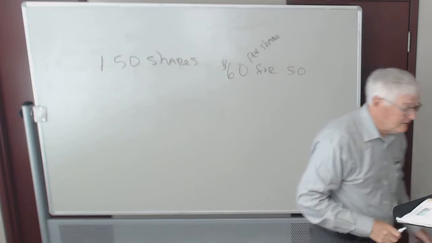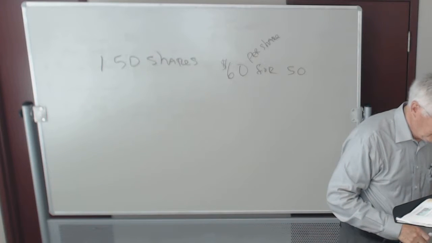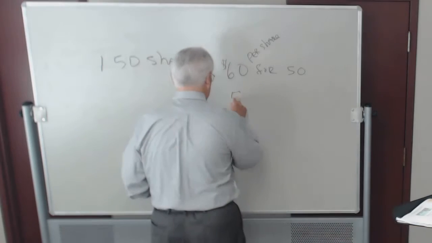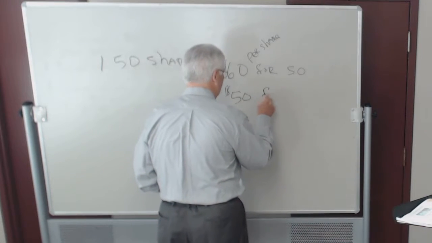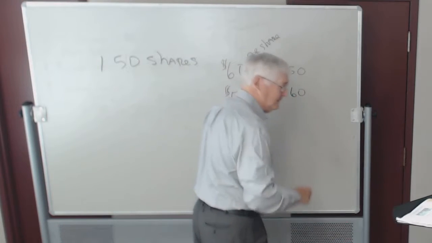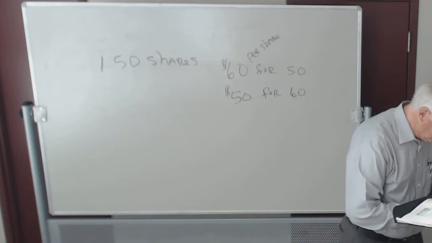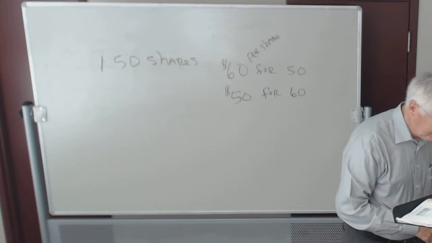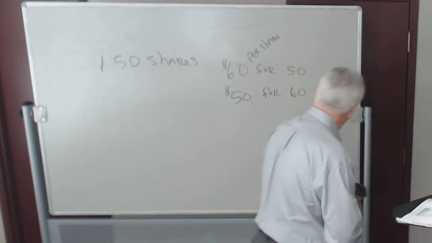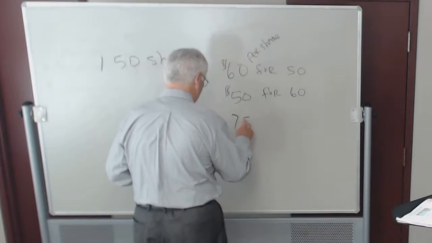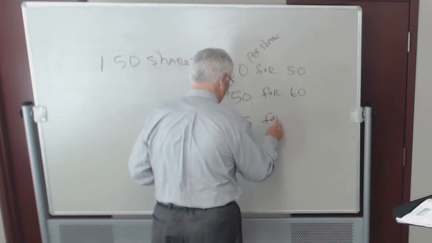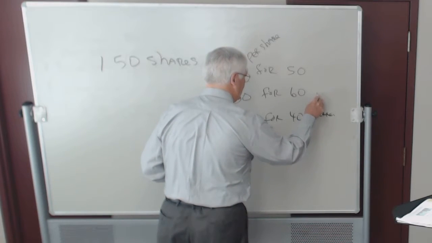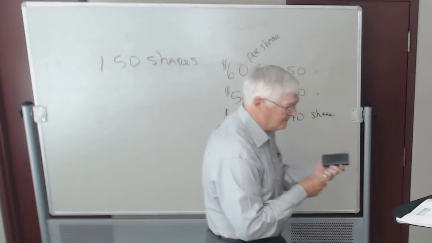Is that what it says for problem 6? Yeah. Oh, have you learned how to work story problems? You extract all the valuable information, and $75 for 40 of them. For 40 shares.